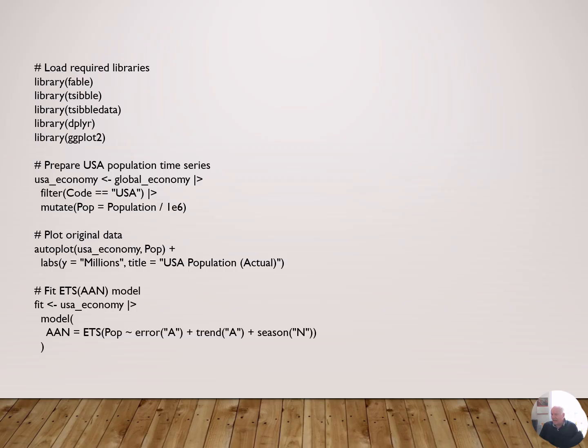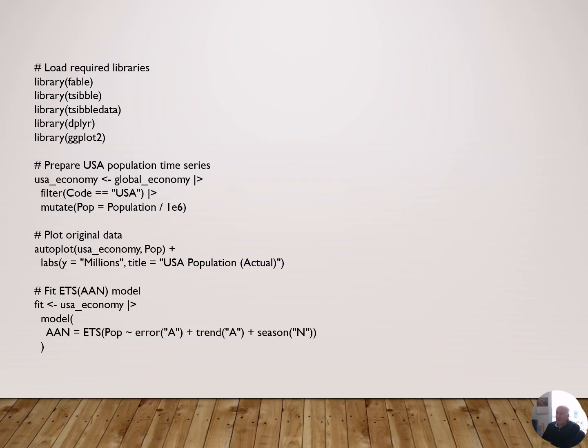Then we have USA economy, and we look for USA, and we find out what the population is, and we're going to divide it by 1e6, so the population is in millions.